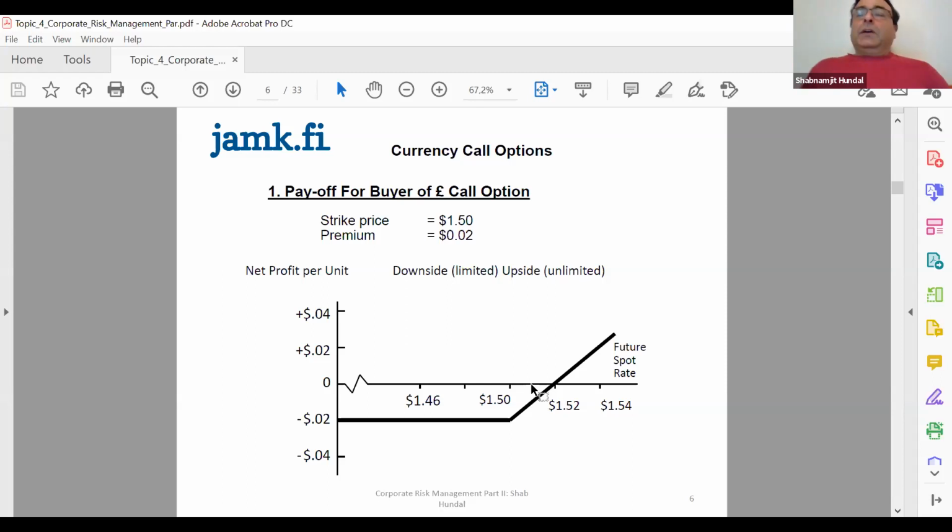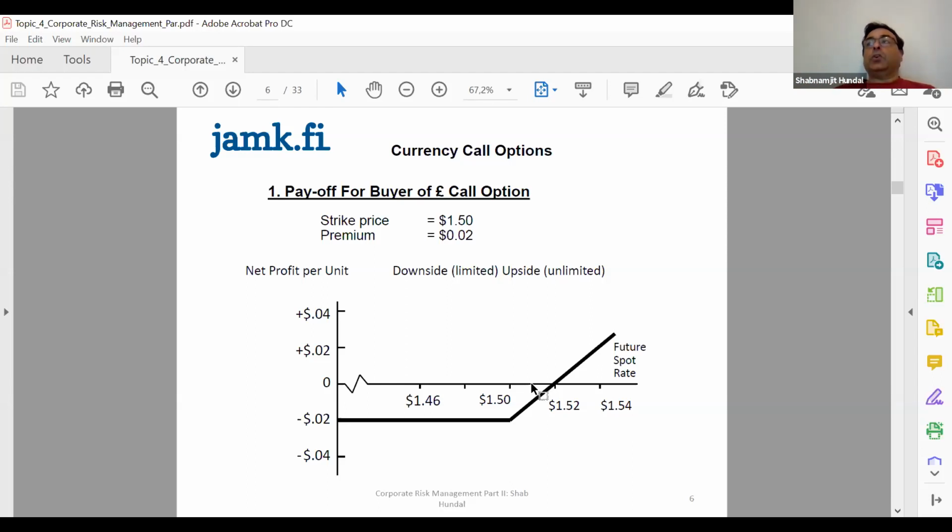It could be Thomas Cook, it could be MoneyGram, whatever the shop is. There are many shops in the airport, for example. I pay them 1.51, but then I have paid the 2 cent premium in the beginning.